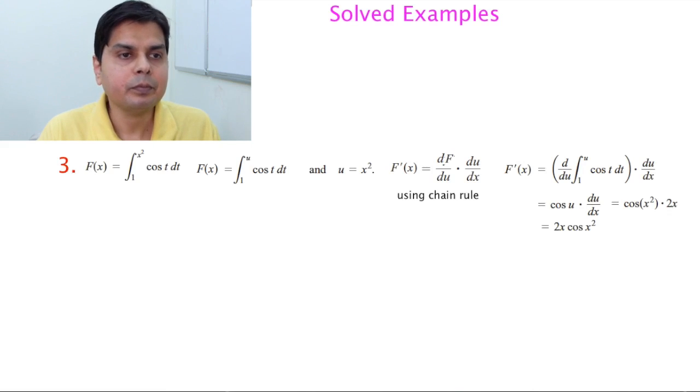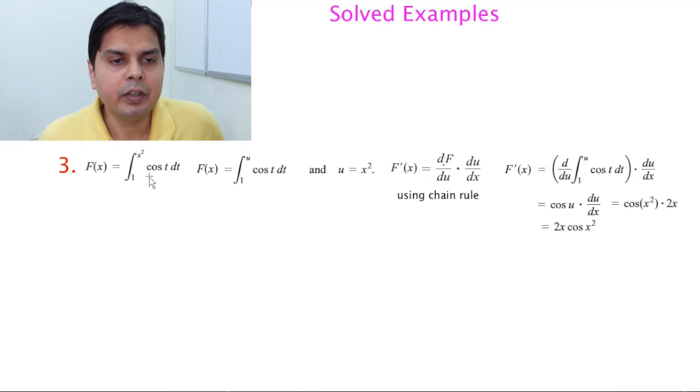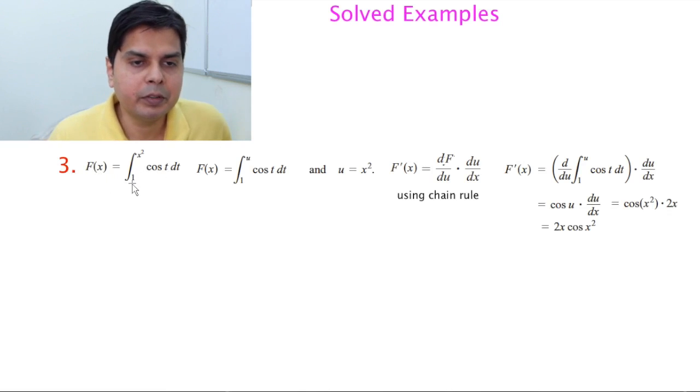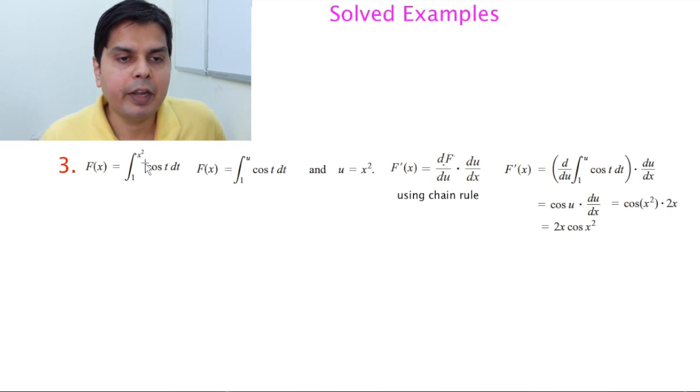Let me show you some more examples. In this one I have made one more modification. Instead of x, we have the upper limit as x square. So f(x) equals the integral from 1 to x square of cos t dt. I can use the chain rule with the substitution u equal to x square. So f(x) is the integral from 1 to u of cos t dt.